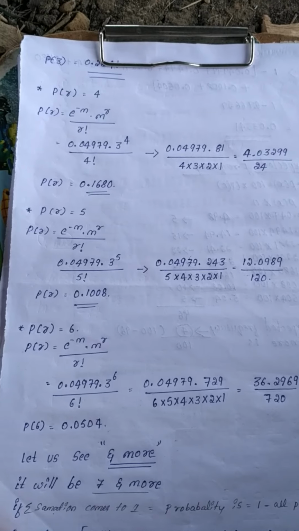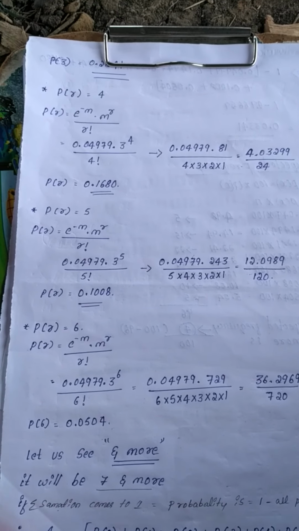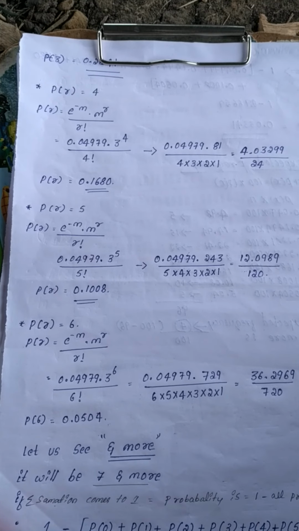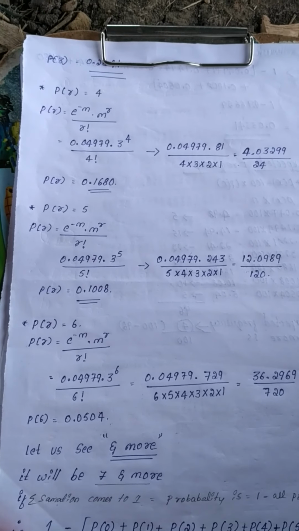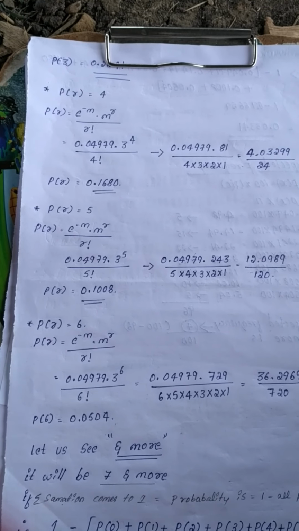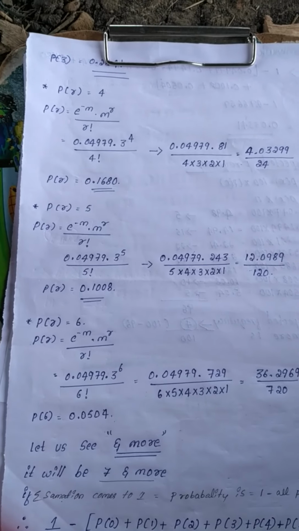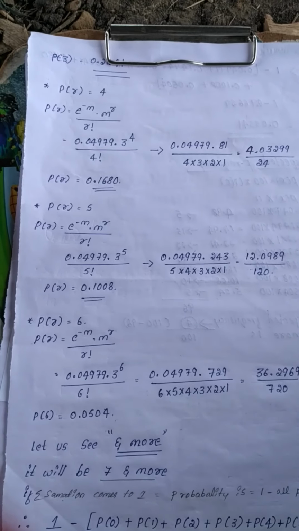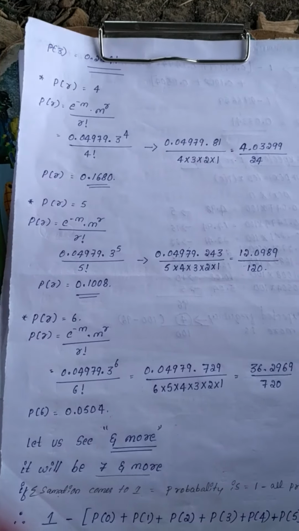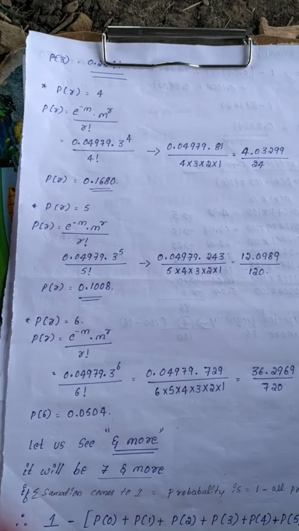Now r is equal to 5, then p of r is equal to e power of minus m, whose value is 0.04979, into m power of r, which means 3 power of 5, it is considered as 243.